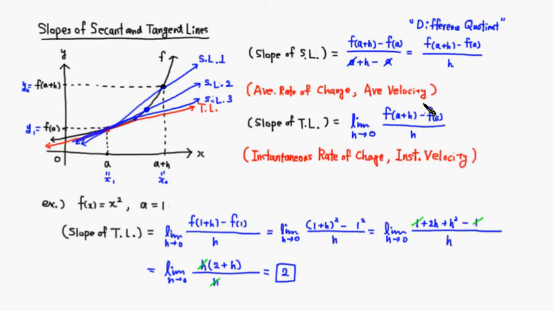So if you see instantaneous rate of change or instantaneous velocity, you can always think of it as the slope of the tangent line. The way you compute it is to take the limit of the difference quotient. That's it. I hope that this was clear.